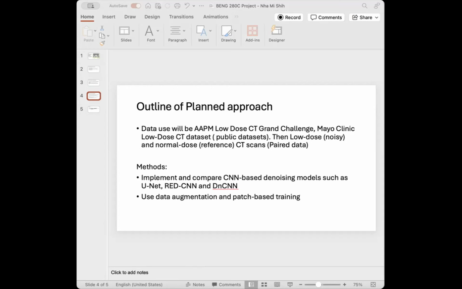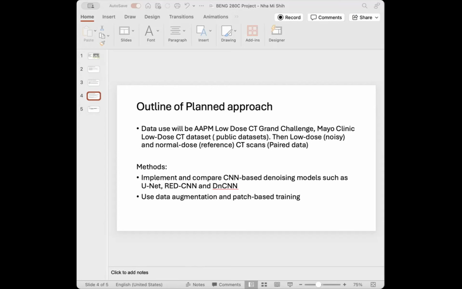Then the RED-CNN, as I mentioned, is specifically built for low-dose CT denoising and uses residual learning to minimize structural distortion. And the last one, the DnCNN, while initially designed for natural image denoising, is also commonly adapted to medical applications and uses residual learning to predict and subtract noise.